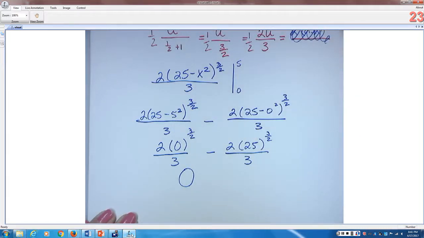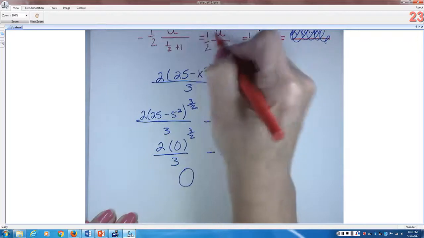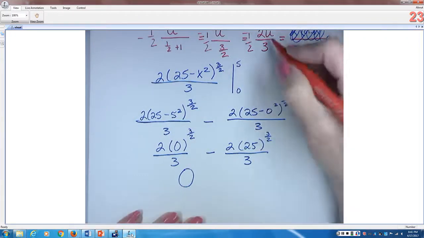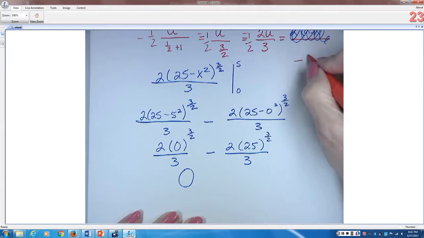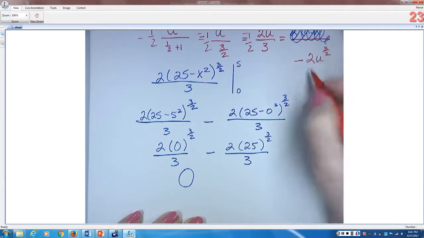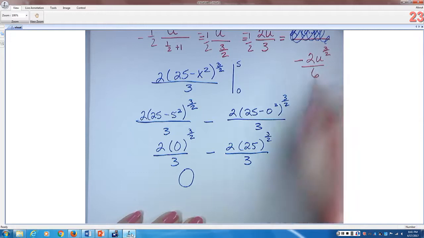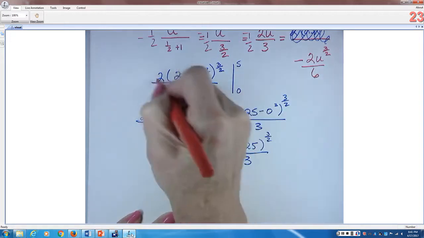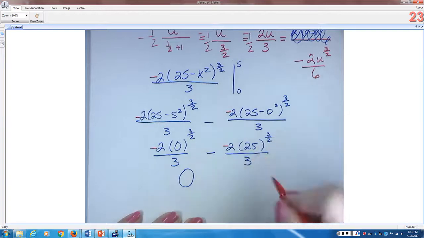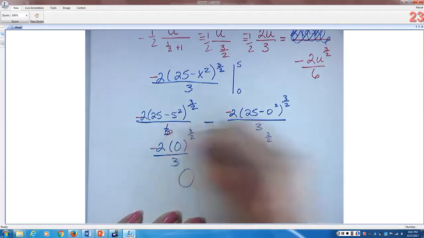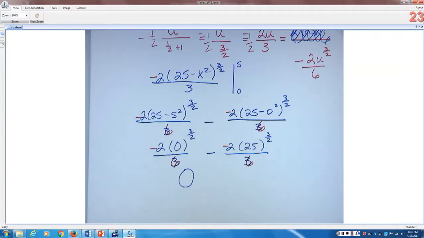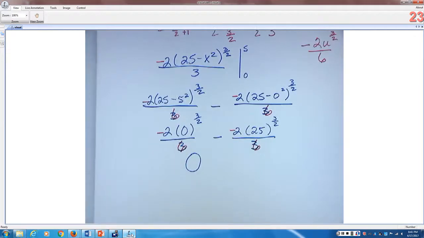It's a negative 1/2, which means that our integral was actually negative 2u to the 3/2 over 6. So that's going to change all of those.